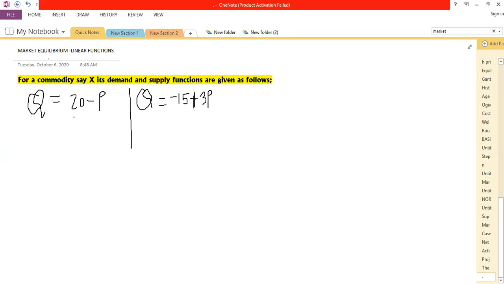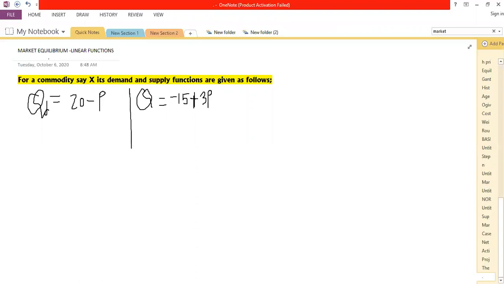In our last class, we said what? Whenever I'm given a function of the quantity related to the price, if it's to be called a demand function, then I should see a negative relationship between these two variables. Quantity and price are negatively related. This is what I can now call the quantity demanded as a function of the price.